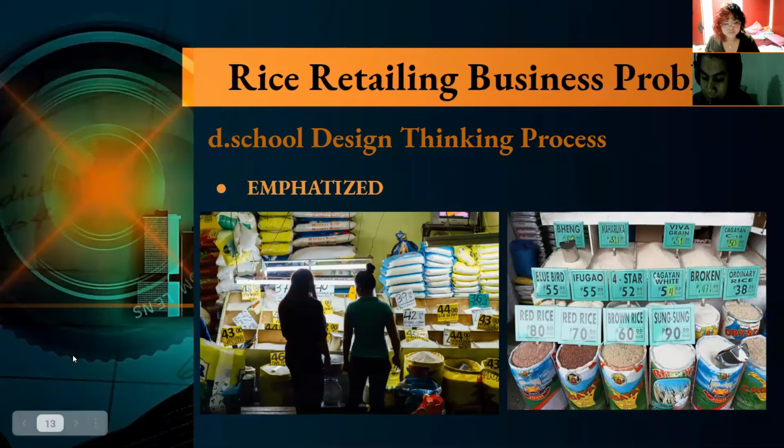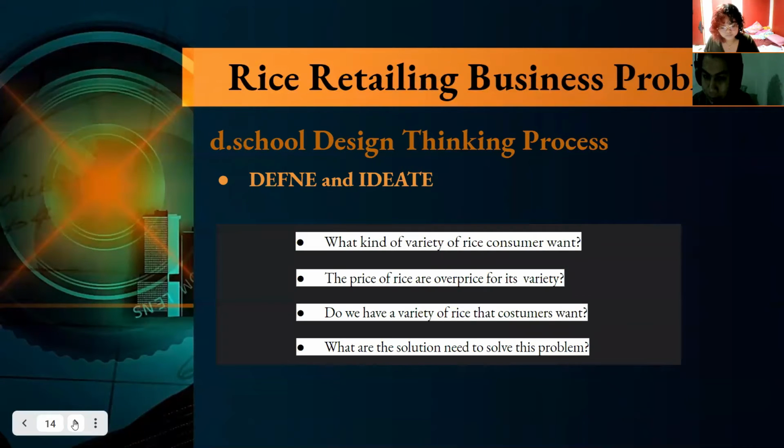After we put ourselves in the situation of a customer, we have observed that most consumers prefer to buy good quality rice at an affordable price. The next one is ideate and define. It means define the problem and generate ideas to solve the problem.